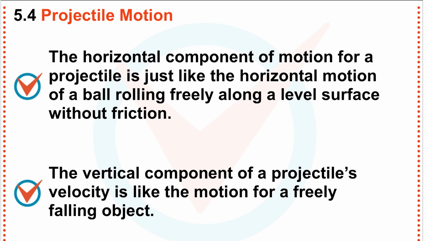The vertical component is different. The vertical component is changing because gravity acts down in a vertical direction. So you've got two different things acting differently. One going out, one going down. The one going down is accelerating. The one going out is not accelerating. And when you put those two together, you'll get that characteristic arc that you've always seen when you throw a ball.